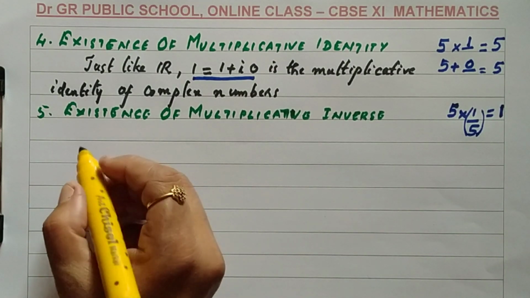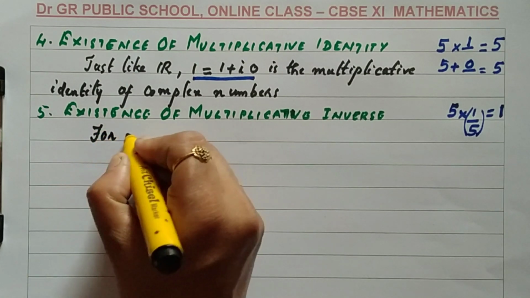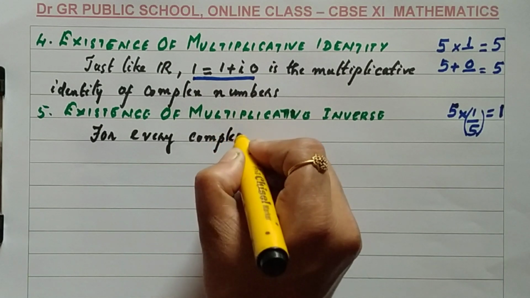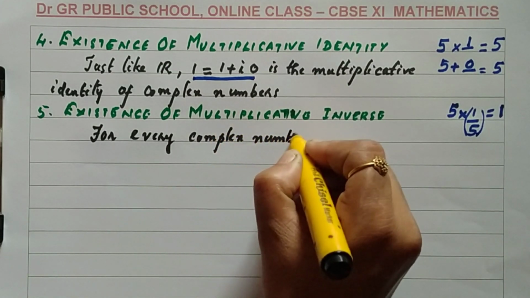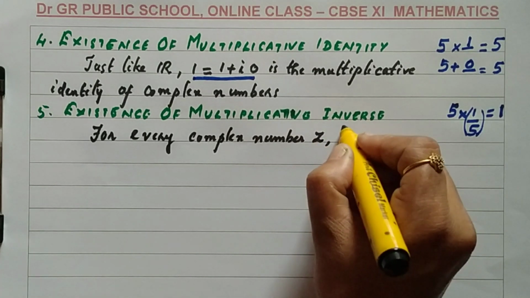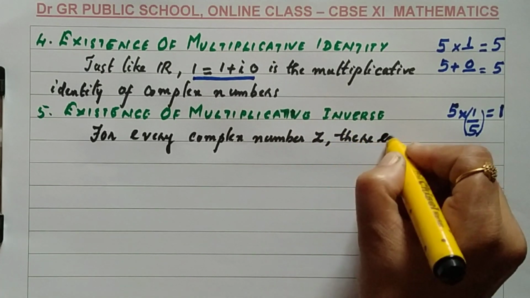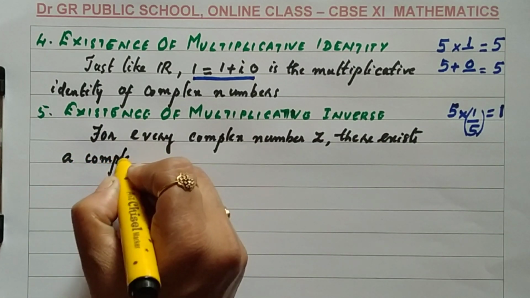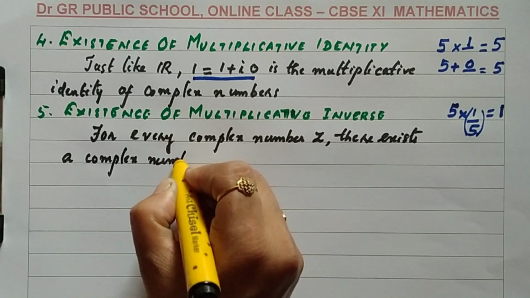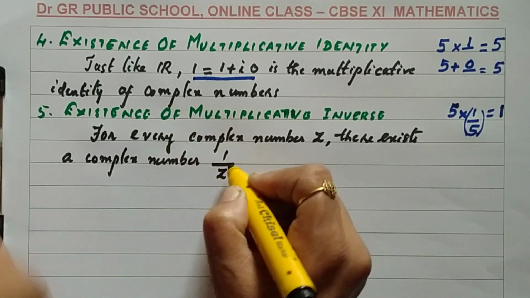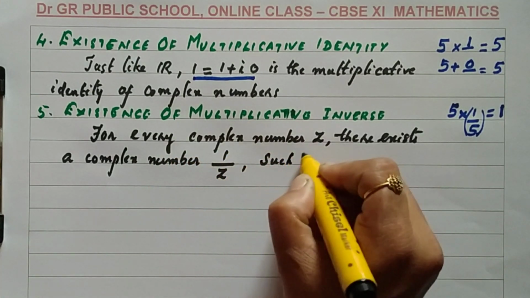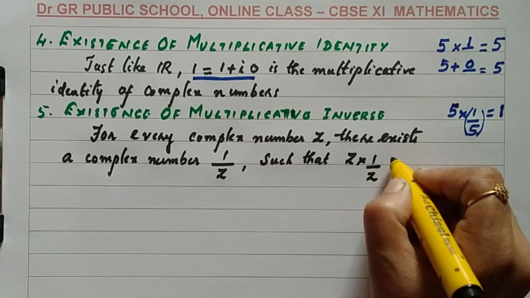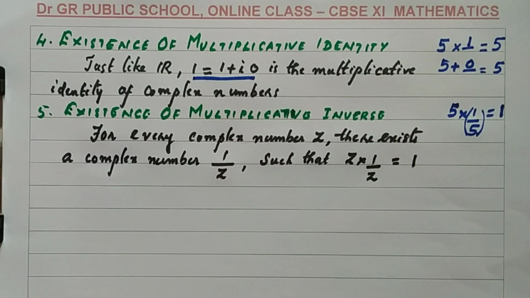Similarly, in the case of complex numbers, for every complex number Z there exists a complex number 1 by Z, such that Z multiplied with 1 by Z gives the multiplicative identity 1.